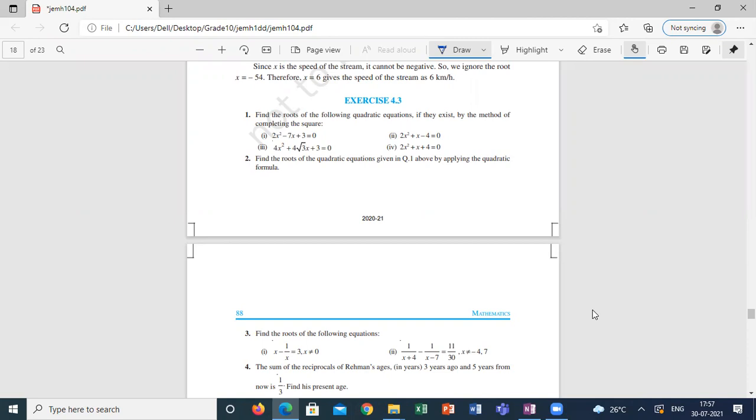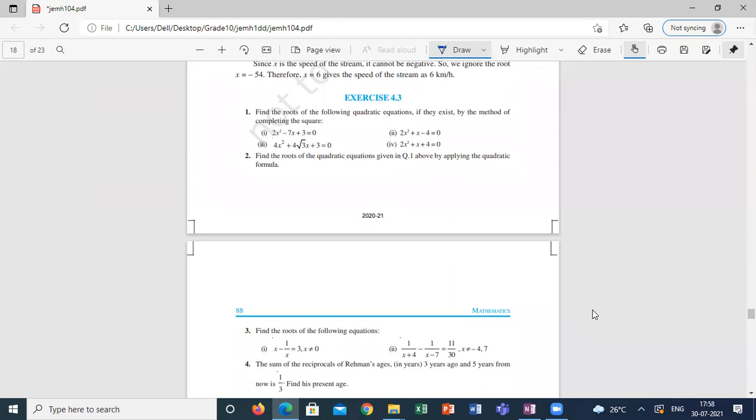After that, it is a different scenario: equal, rational or irrational. These three categories, if they exist. If they do not exist, b square minus 4ac should be negative. This is how we can discuss this topic.